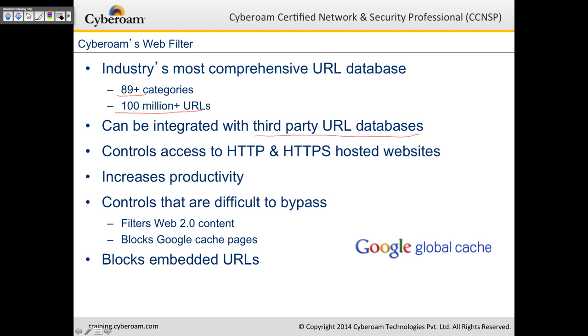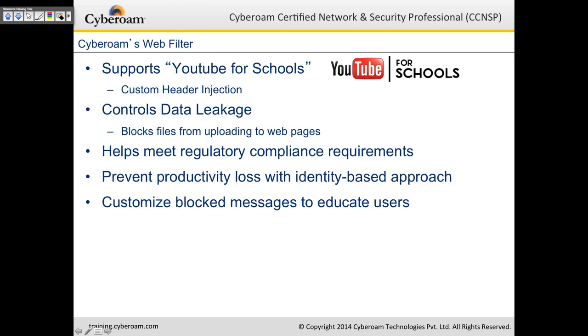It increases productivity in your organization, and it can also control certain things that are difficult to bypass, like it can filter Web 2.0 content, it can block Google cached pages as well, and it also has the ability to block embedded URLs as well. So these are some of the most important features related to Cyberoam's web filtering technology.